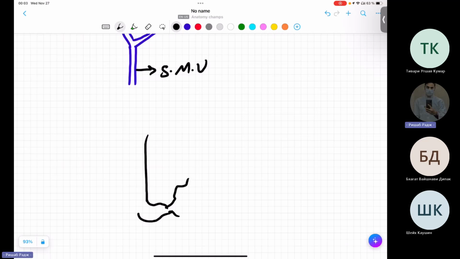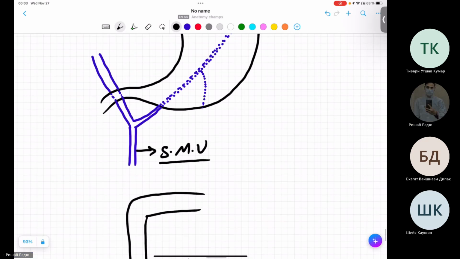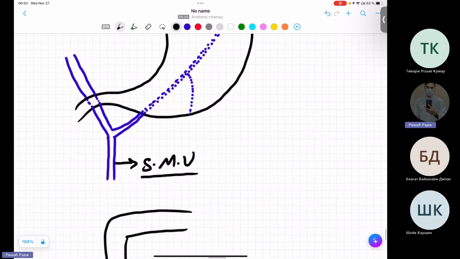Ileum and cecum, appendix, and the two-third part of the transverse colon. It was the artery, so similarly, the superior mesenteric vein will also carry it. Now, the superior mesenteric vein divides into this splenic vein and this portal vein.